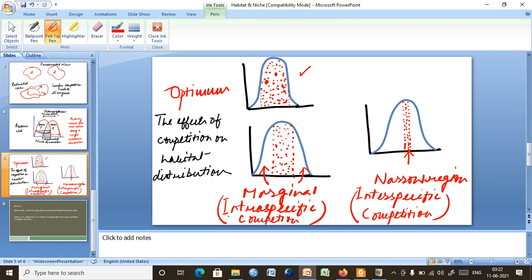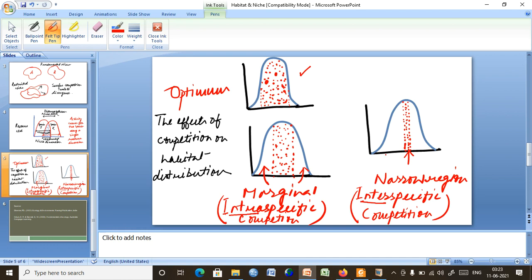And when there is interspecific competition, that is, between two species, the species tend to be restricted to a narrower range, with a very steep gradient and a very narrow region representing the optimum conditions for their establishment.